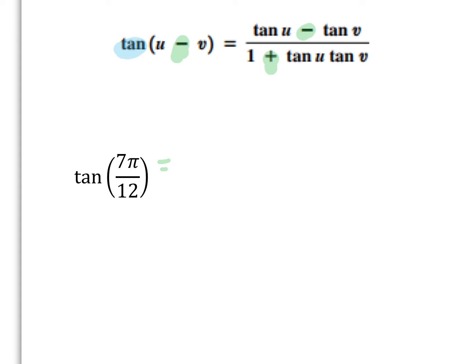So in this case, I want to use the tangent of 4 pi over 12 plus 3 pi over 12. And I'm going to rewrite that so that I have my reduced fractions, so that's saying we have the tangent of pi over 3 plus pi over 4.